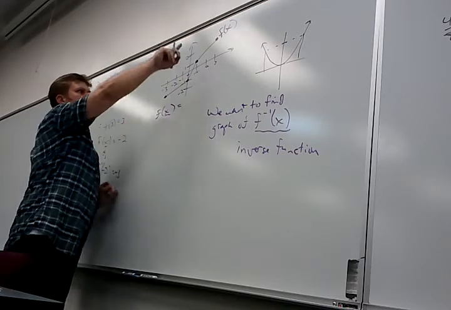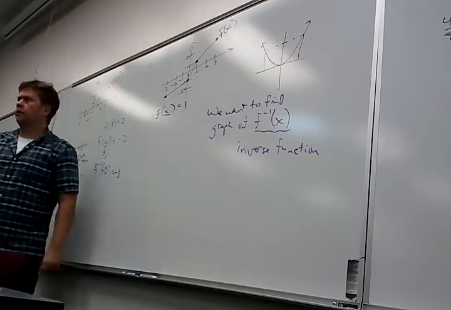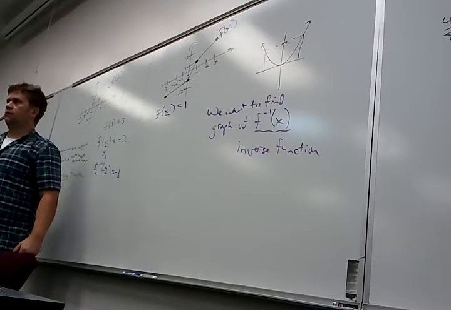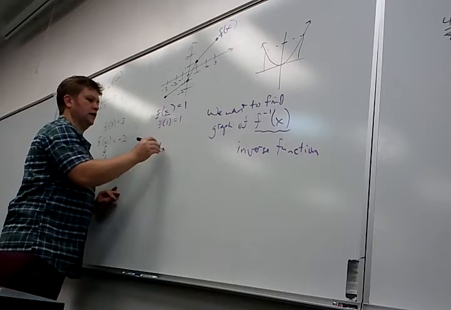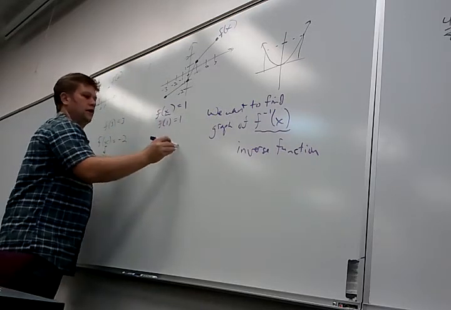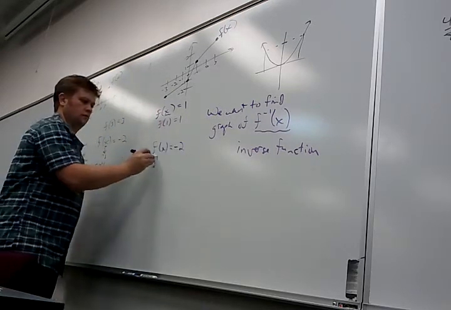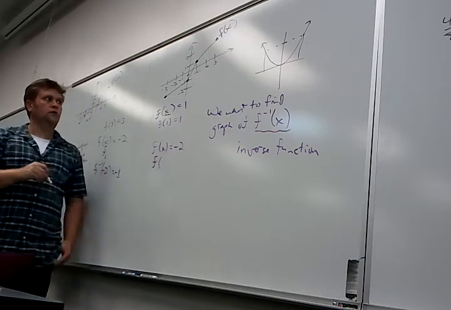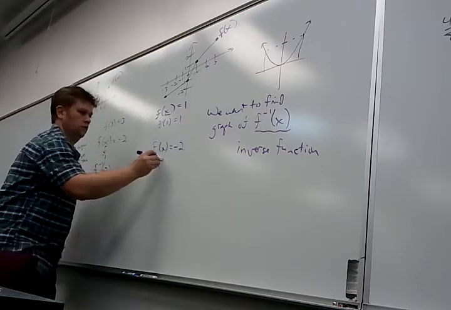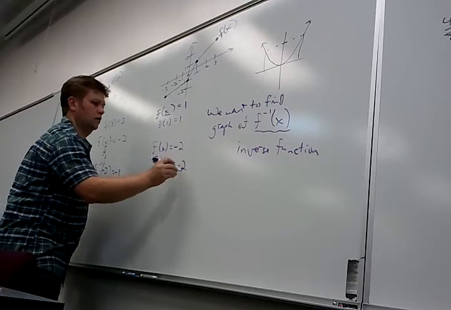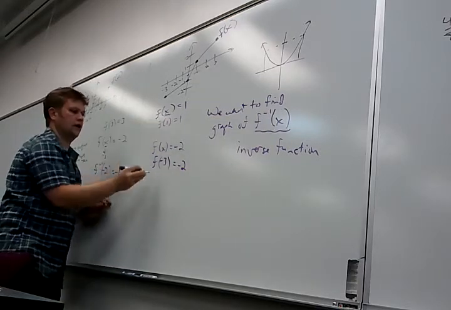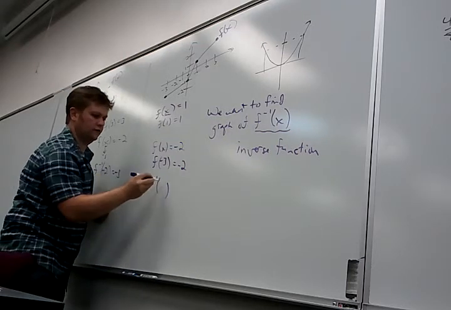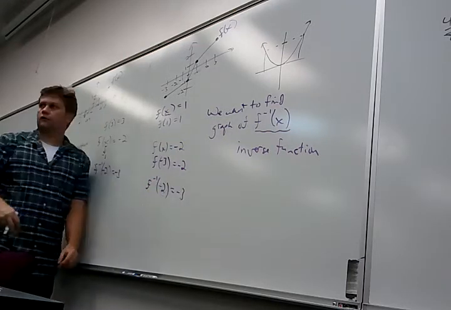what value of x do I get a 1 output? 1. So f of 1 is 1. What value of x do I get a negative 2 output? Negative 3. Cool. So in terms of the inverse function, this would say f inverse of negative 2 is negative 3.